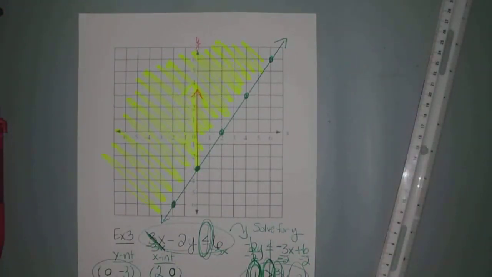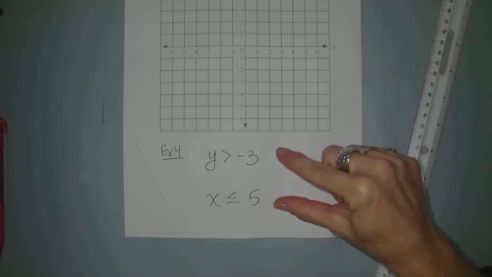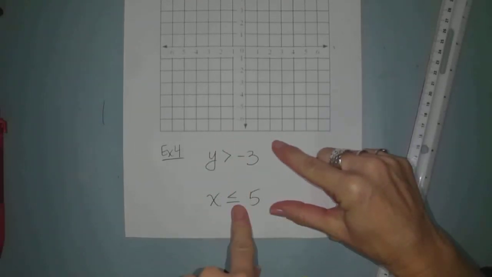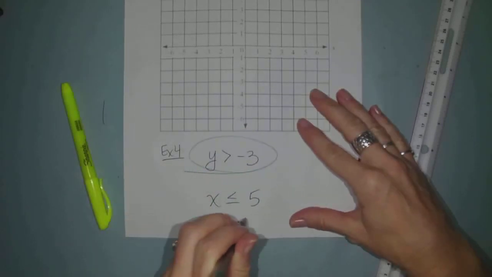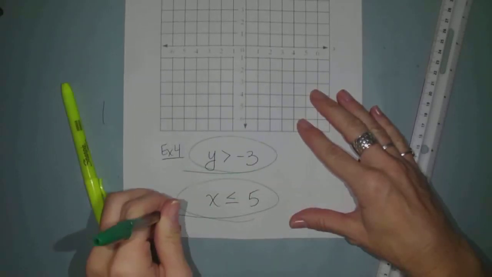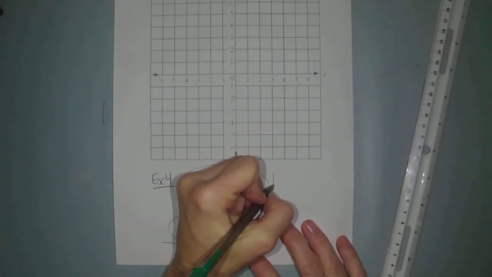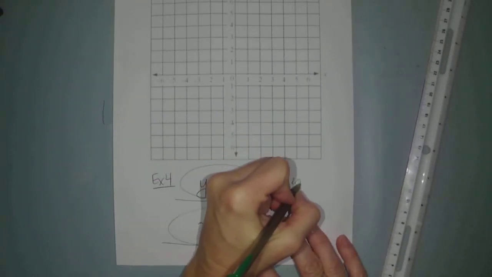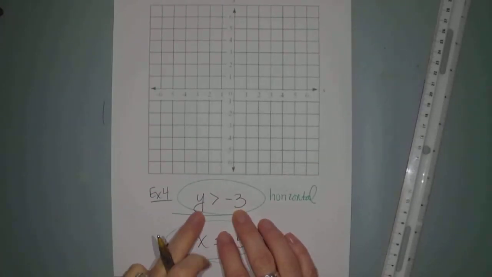And finally, last but not least, example 4, we are going to just do these two special cases. One horizontal line, one vertical line with some shading. So this one right here is your horizontal line at negative 3 on the y.